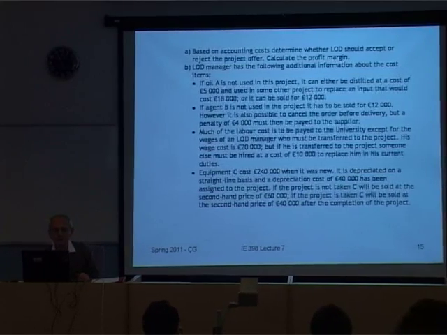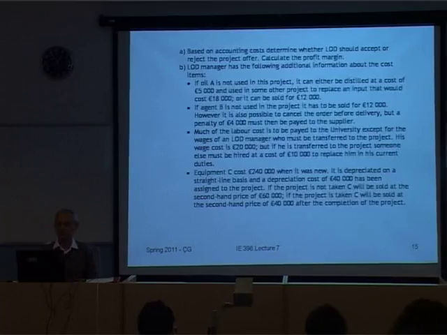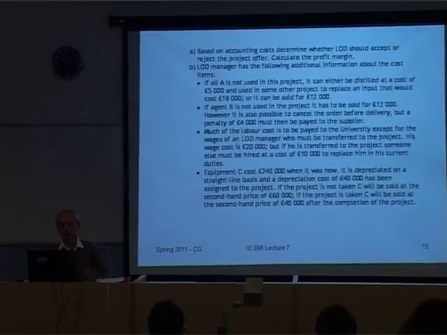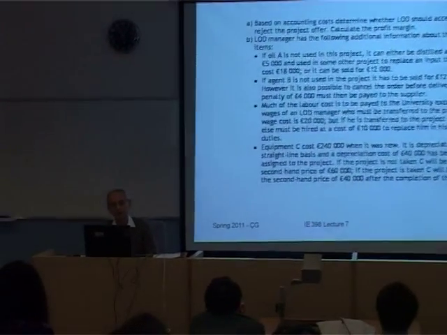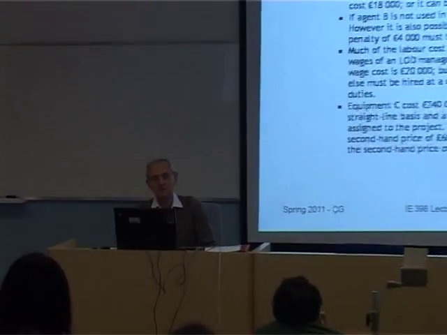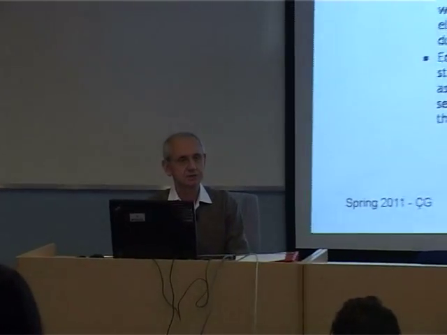His wage cost is 20,000 euros. But if he is transferred to this project, someone else must be hired at a cost of 10,000 euros to replace him in his current duties. Okay? This is similar to the talented engineer example I mentioned yesterday. This is the same situation.